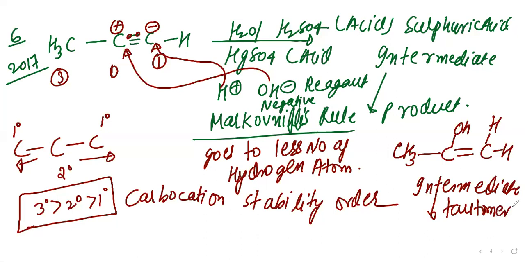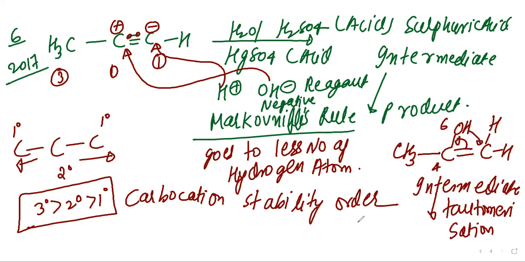Now it will do tautomerization. So what is tautomerization? It is nothing but the negative atom will hold the pi bond electron. So oxygen has 6 electrons in the last orbit and carbon has 4 electrons in the last orbit. So here carbon containing double bond is not as good as compared to oxygen. So pi bond will be shifted here and hydrogen will be shifted here.